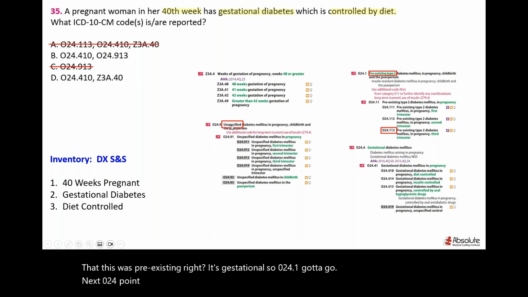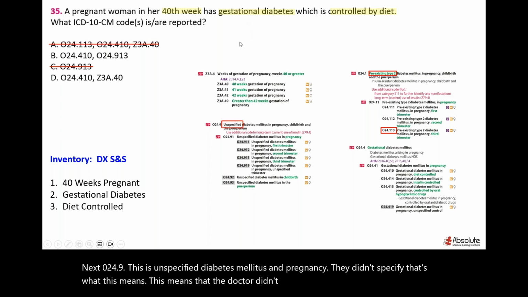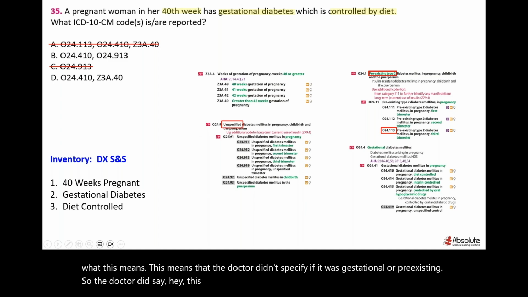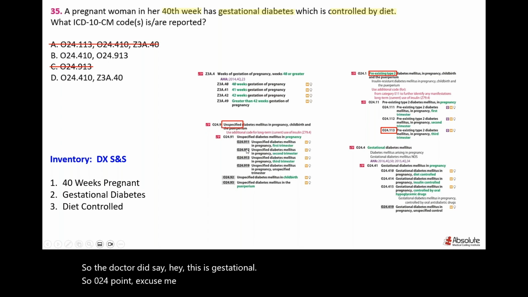This is unspecified diabetes mellitus in pregnancy. They didn't specify. That's what this means: the doctor didn't specify if it was gestational or pre-existing. But the doctor did say this is gestational. So O24.9 is incorrect. Are you all with me?